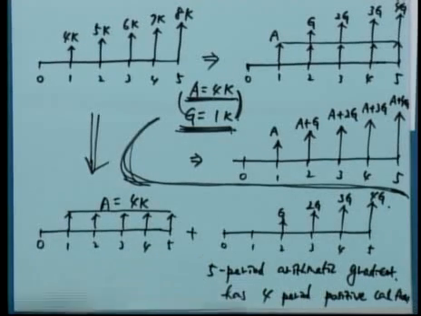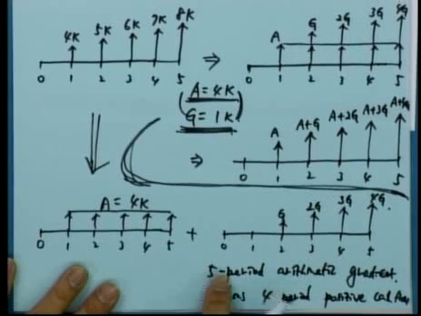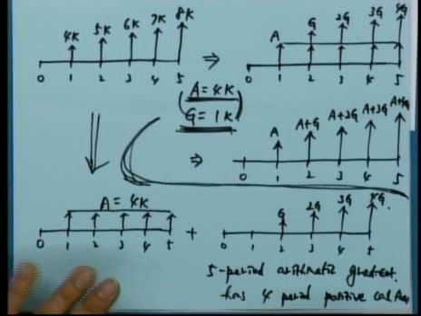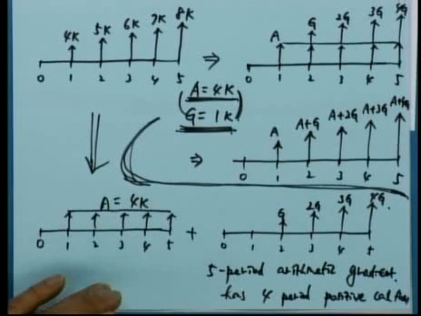So in general, if there is an n period arithmetic gradient, it only contains n minus 1 periods of positive cash flows. Okay.